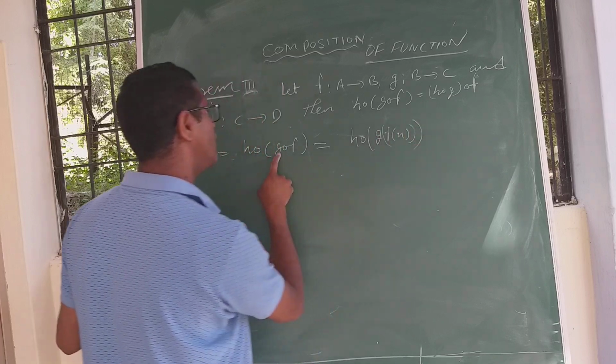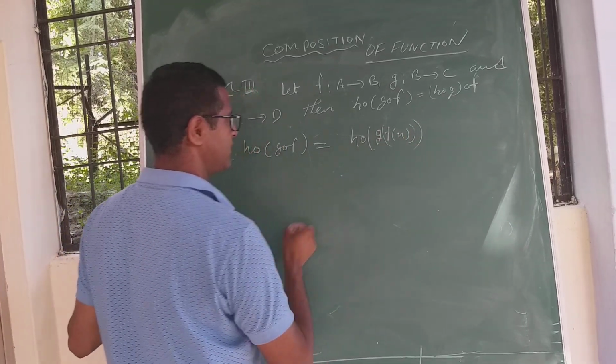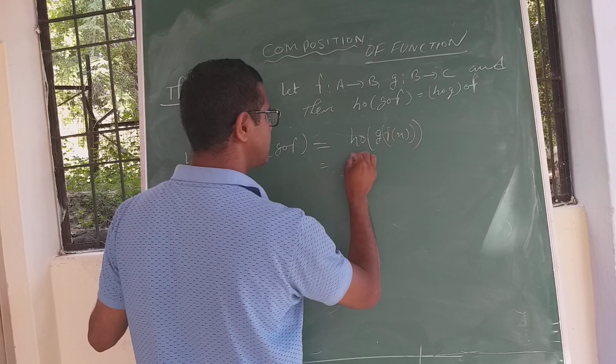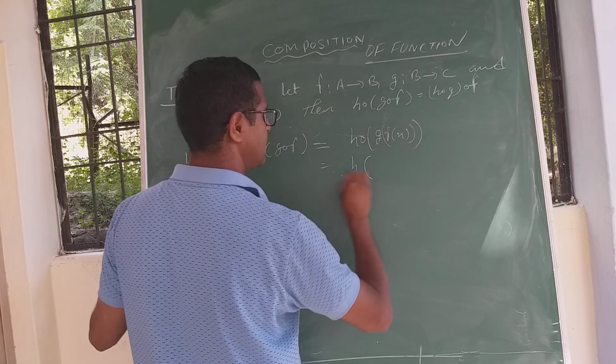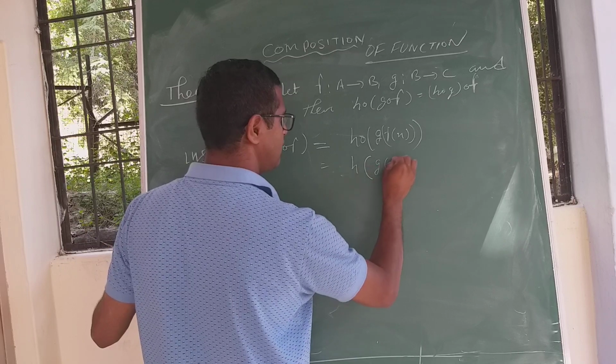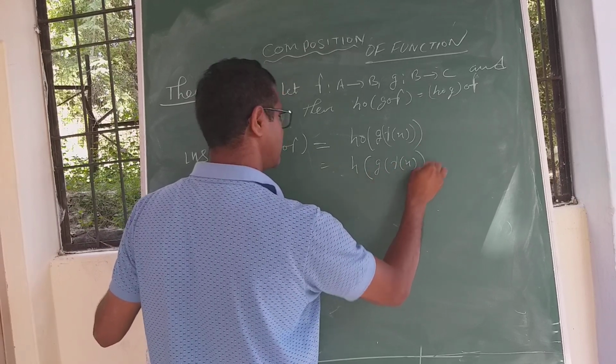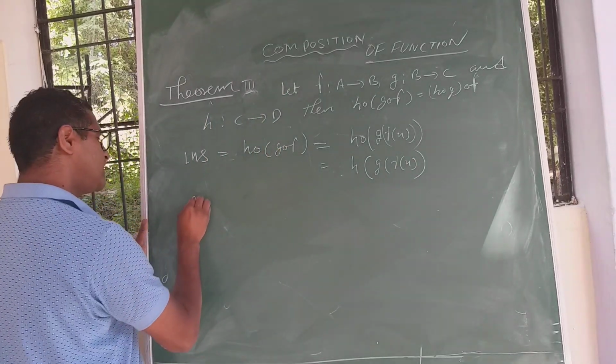You may write g of f equal to g of f(x). Now h of g of x is written as h of g of f(x).